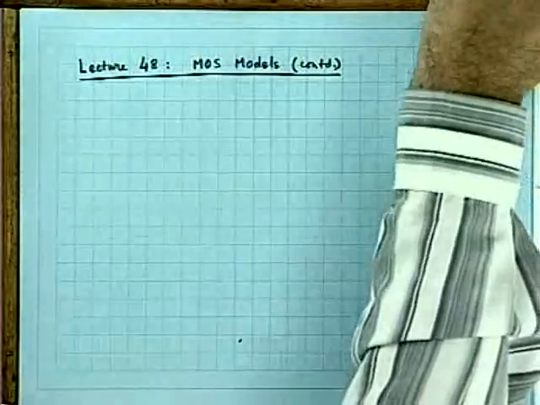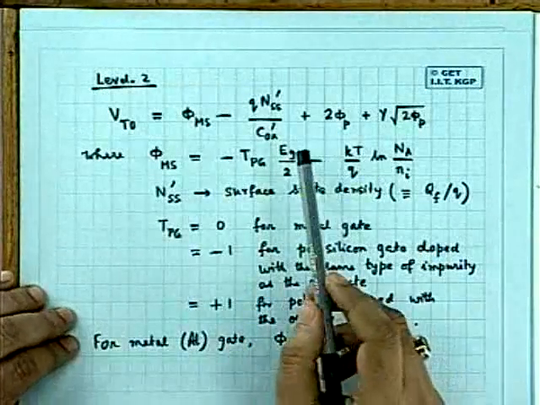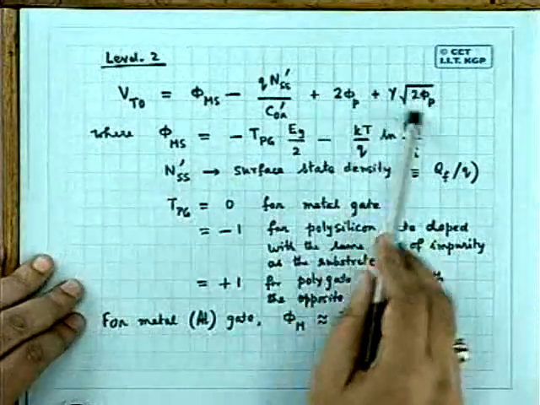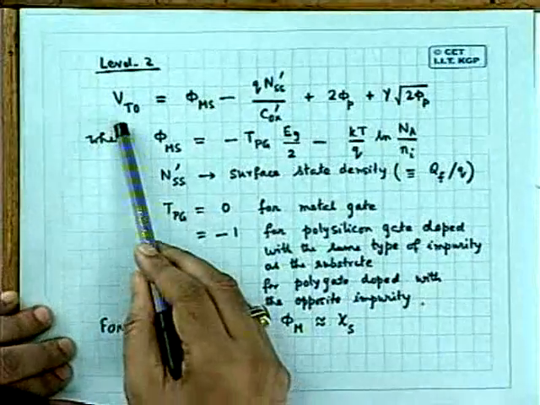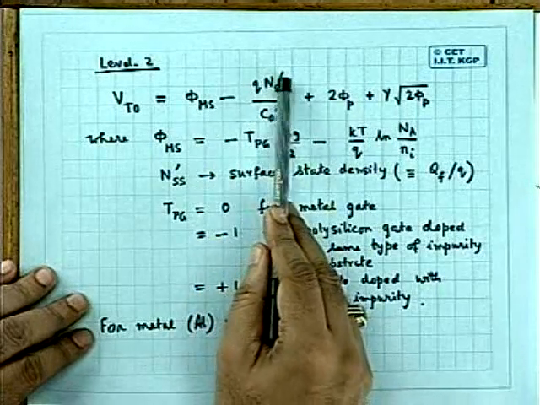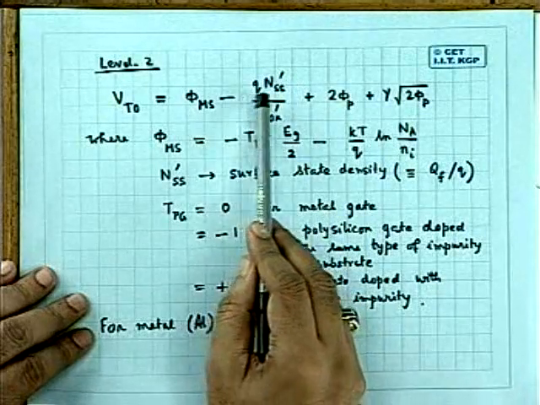Then in level 2, the VTO is further written like this. Normally in level 1 we just give an assigned value of VTO, but now VTO is given a physical expression, where VTO is given by phi ms. Instead of writing QB dash, Q0 dash by COX dash, we write QNSS.